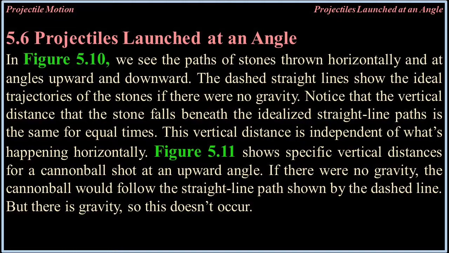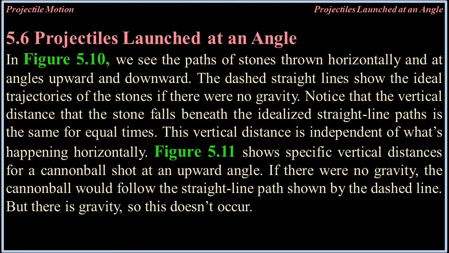This vertical distance is independent of what's happening horizontally. Figure 5.11 shows specific vertical distances for a cannonball shot at an upward angle. If there were no gravity, the cannonball would follow the straight line path shown by the dashed lines. But there is gravity, so this does not occur.